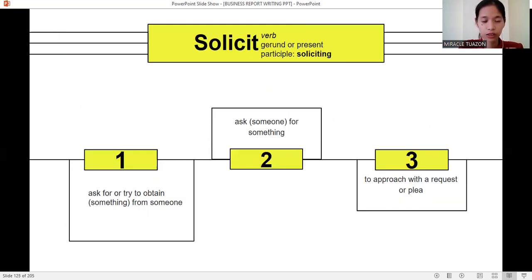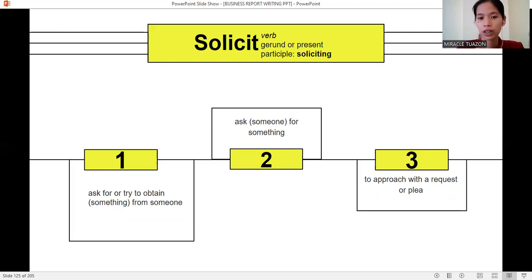So let us have here solicit. I have mentioned earlier that we have these two types of application letter, the solicited application letter and unsolicited application letter. So the word solicit is a verb.